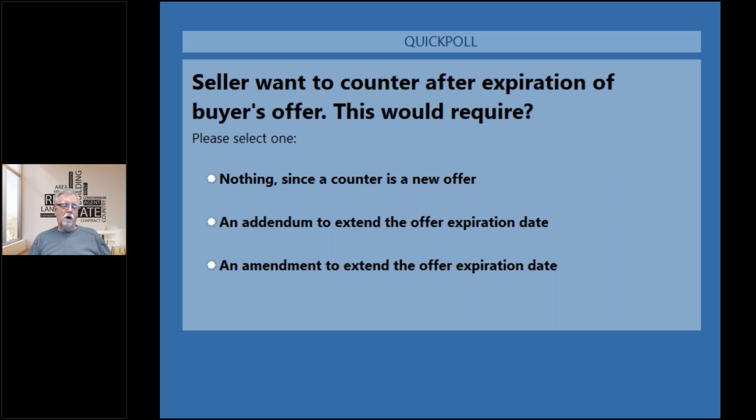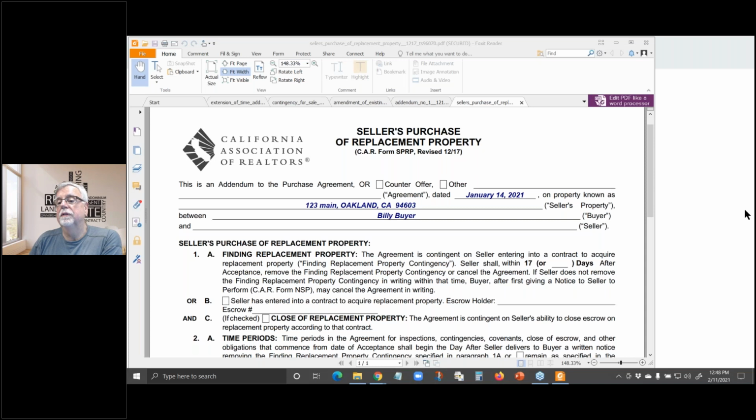Now, if that offer has already expired without an extension, then you can't accept it subject to an attached counteroffer. So you would have an addendum that says that the time period for accepting that offer would be extended. All right. Is that all? I know you're wishing there were more, but that's what I got right now.